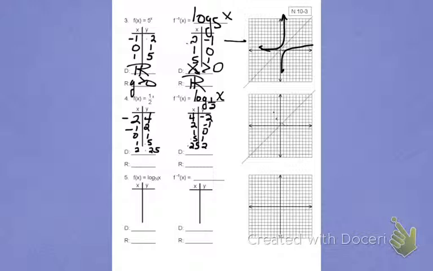So this is an example, remember, of exponential decay. Right? Turns the other way from the other ones.